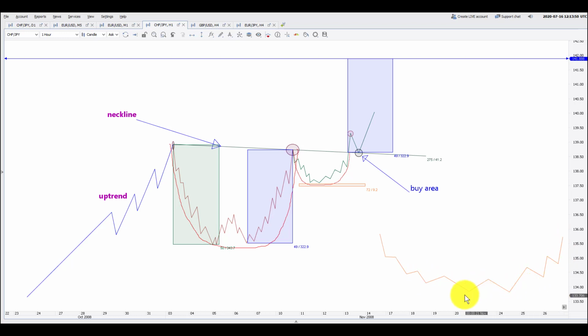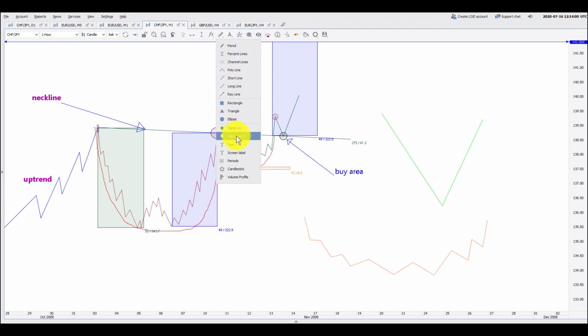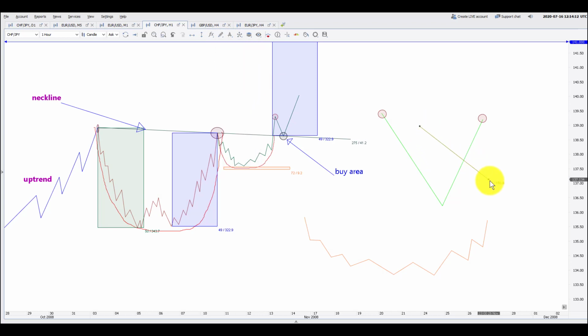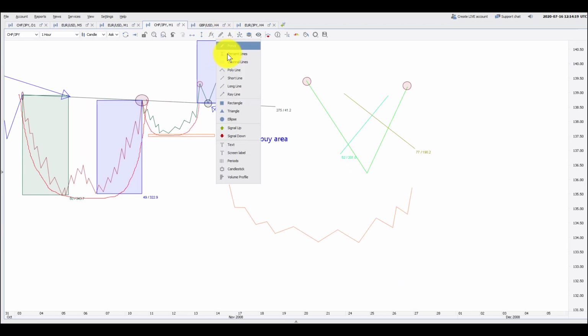It should have a broadening effect at the base. It should not come like this and go like this. Then these two will not become the highs that we need. So this is not what we are going to trade. But this is what we want.